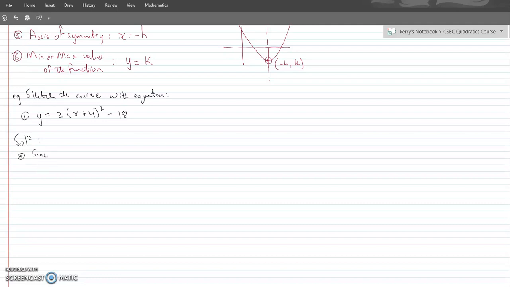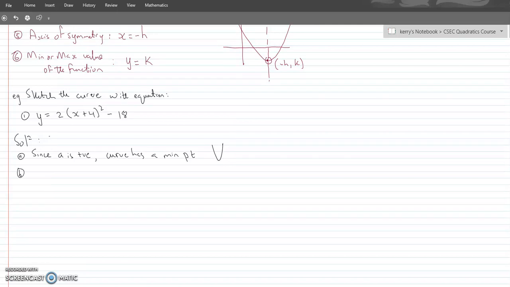Since a is greater than 0, because a is positive, and you could use this symbol, a plus VE, that means positive, the curve has a minimum point. So the graph looks something like this, more like a V but with a curve underneath it.